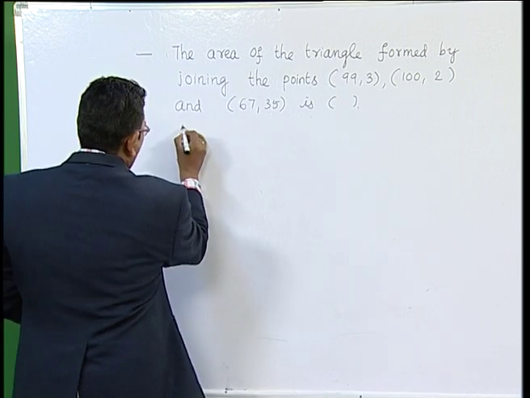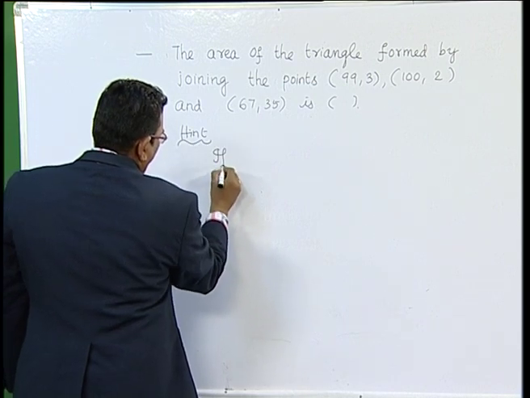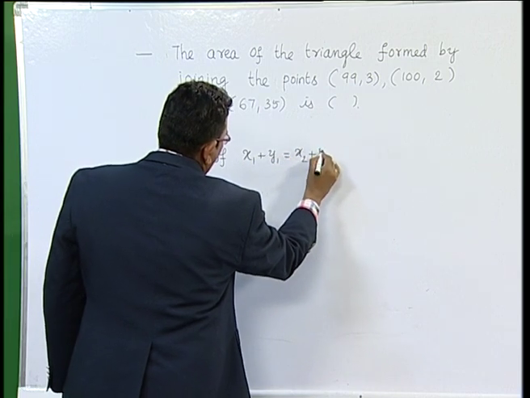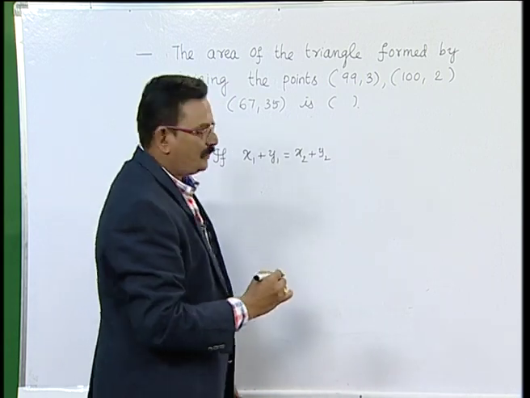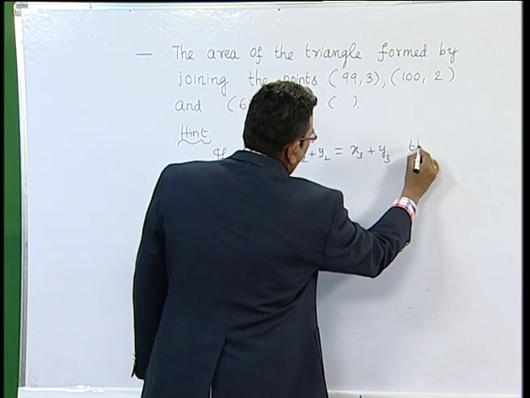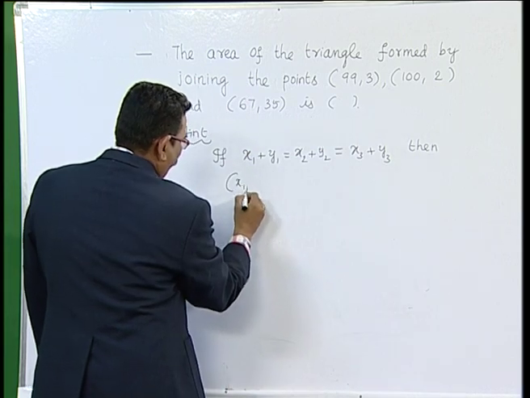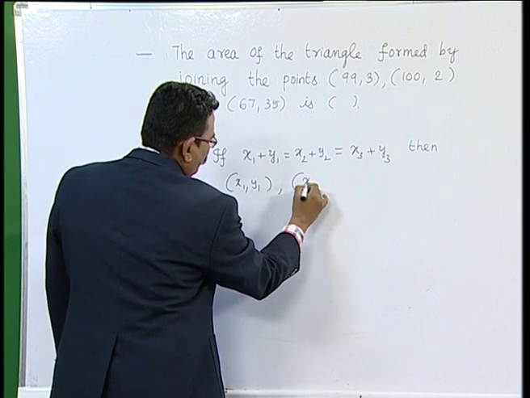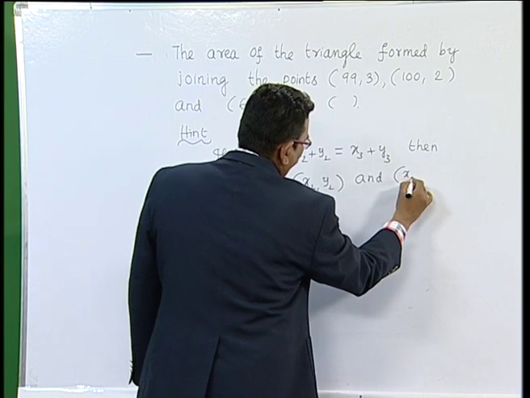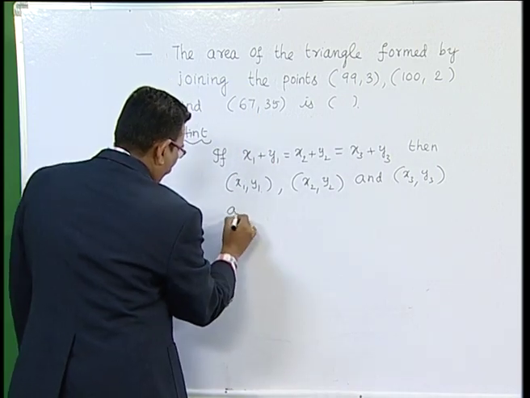So, let us write the formula. Providing x1 plus y1, x2 plus y2 is equal to x3 plus y3, then we conclude that (x1, y1), (x2, y2) and (x3, y3), these 3 points are collinear.